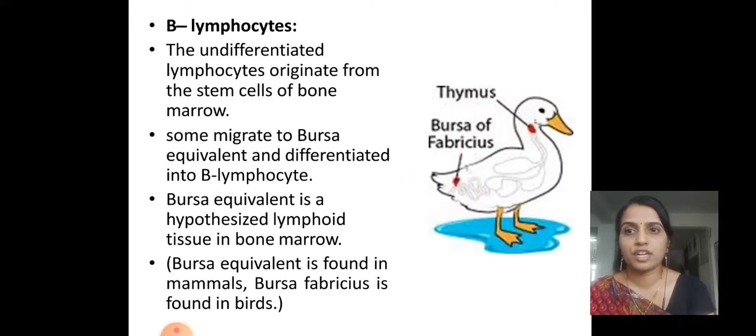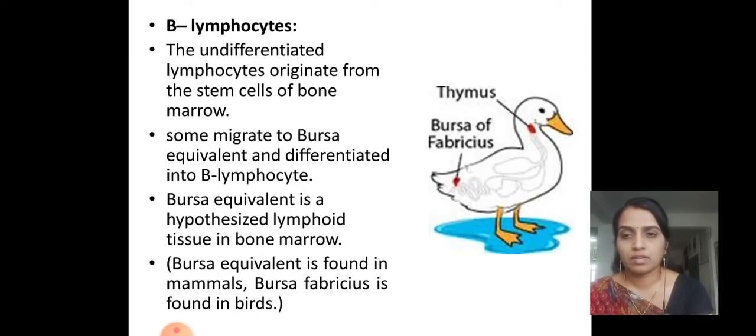The undifferentiated lymphocytes originating from the stem cells of the bone marrow will migrate to the Bursa equivalent and differentiate into B lymphocytes. Bursa equivalent is a part present in another part of the bone marrow.